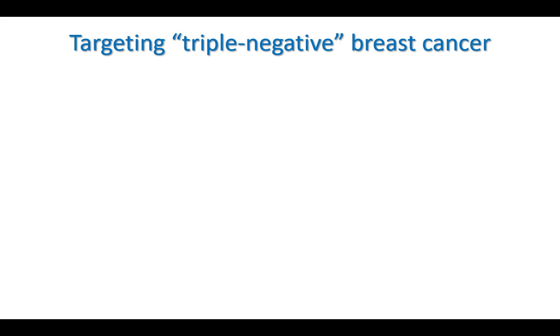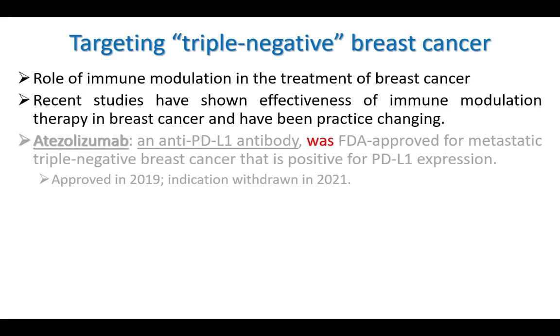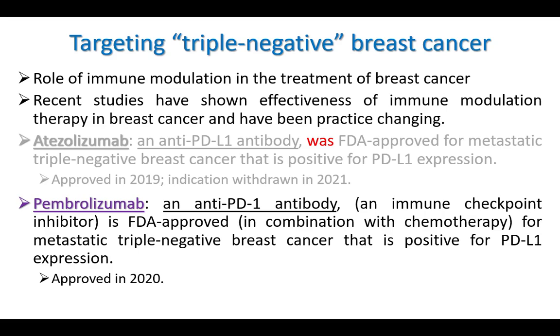Now, another issue comes up, tumors which are triple negative, those which are hormone receptor negative as well as HER2 negative. Now you don't have these targeted therapies for them, so they have poor prognosis. So what to do? There is some role of immune modulation, and the drug which is currently widely used as an immunomodulator in these patients is pembrolizumab, which is an anti-PD-1 antibody.